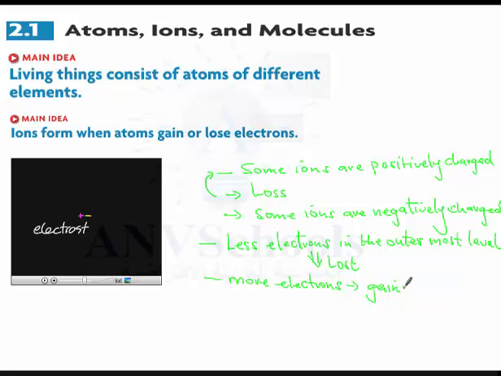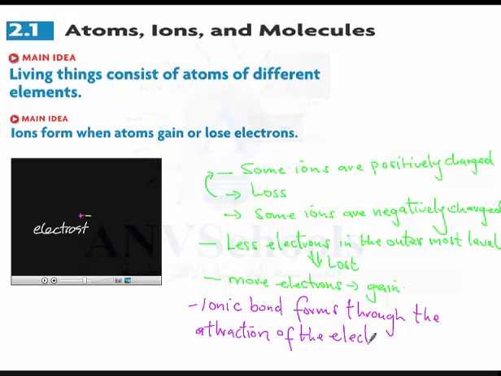What we are calling an ionic bond forms through the attraction of the electrical forces.